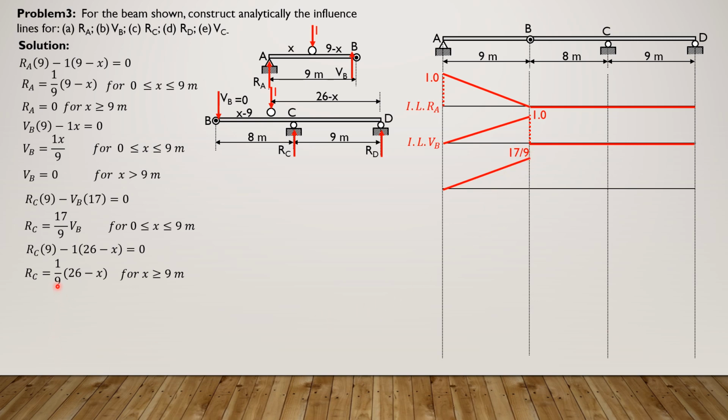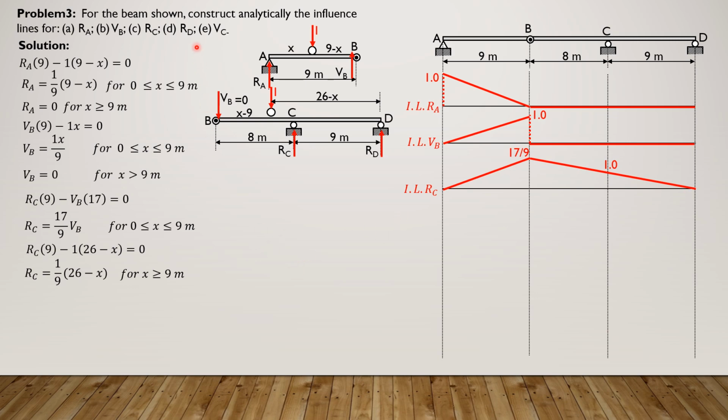Then just to the right, using this formula, 26 minus 9 is 17 divided by 9. So it's also 17 over 9. When x is 17, this is the applicable formula now. 26 minus 17 is 9, divided by 9 is 1. And when x is 26, 26 minus 26 is 0. So it's 1 here and 0 at the other ends. Influence line for R sub C.